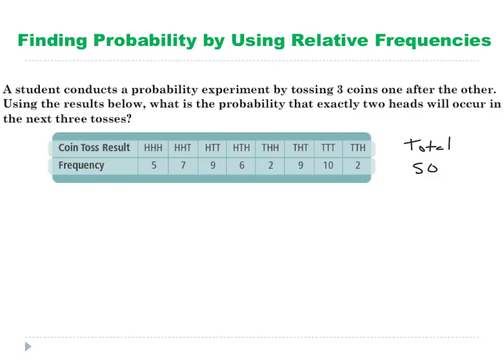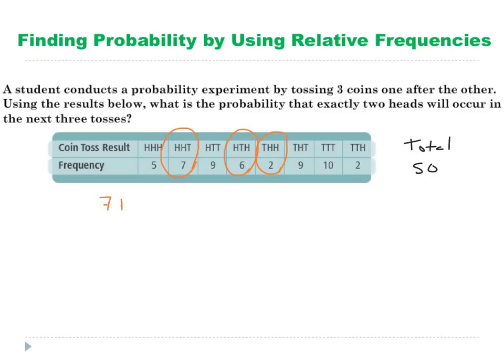Now, how many times did we get exactly 2 heads? Well, the first one we had 3, so it's not exactly 2. There's exactly 2 heads there, and here is exactly 2 heads. Here we have exactly 2 heads, and it looks like that is it.